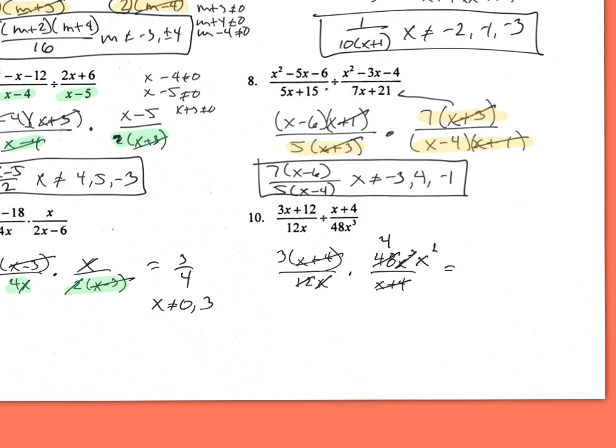So we're going to have to multiply 3 times 4 times x squared. And so we'll get 12x squared. That's a 12. There's a 1 on the bottom, or don't write it. So then we have to come up with our restrictions. X cannot equal 0, -4. Oh, and that's it.